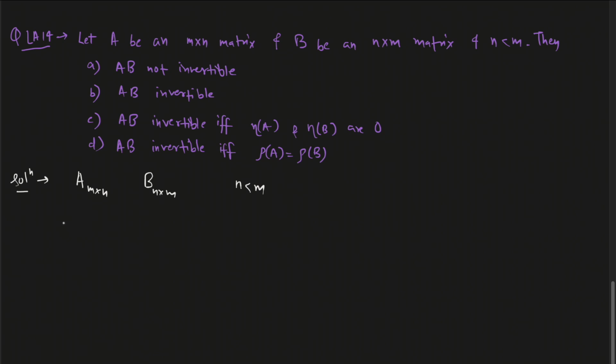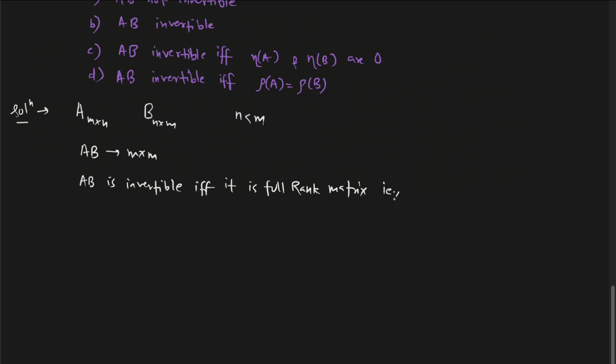So a matrix is invertible if and only if it is full rank, right? So first of all, what is AB? AB is nothing but you multiply A and B, you will get M cross M. So AB is invertible if and only if it is a full rank matrix, that is, the rank of AB should be M, right?